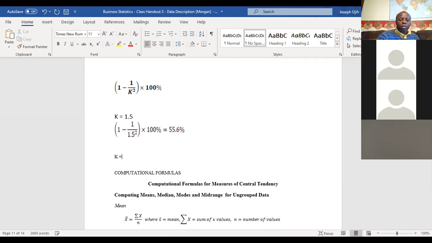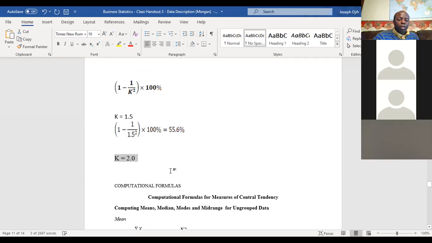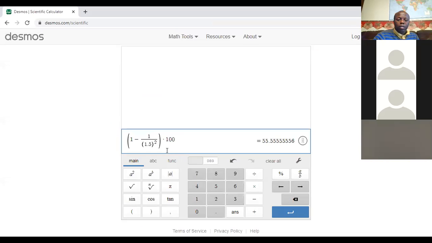Now for K equals 2.0. Again, you plug into the formula. I'm going to take you there in a minute. Change this to 2.0. Times 100 gives us 75%.